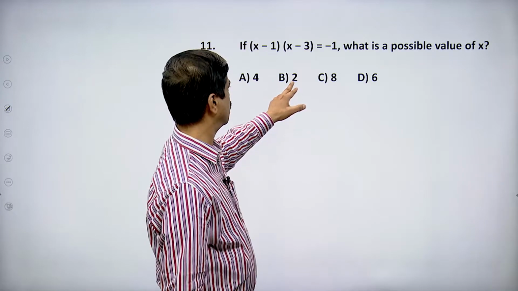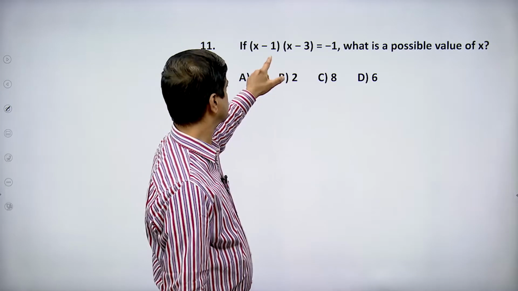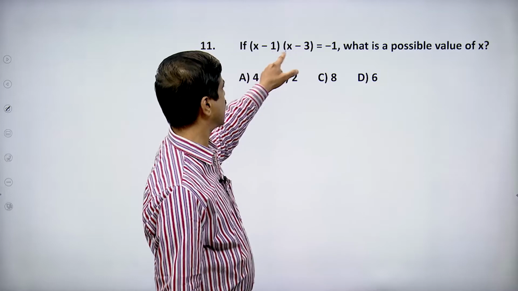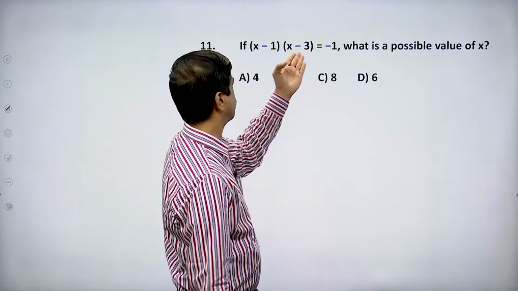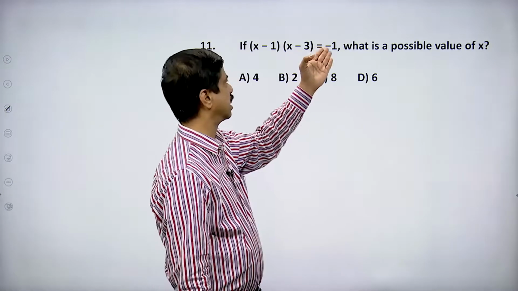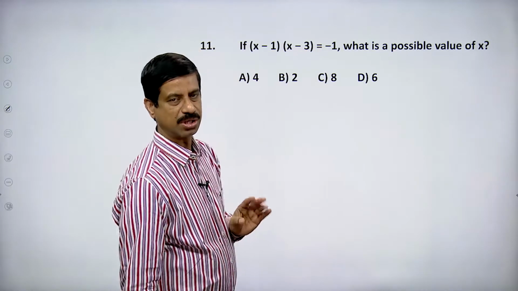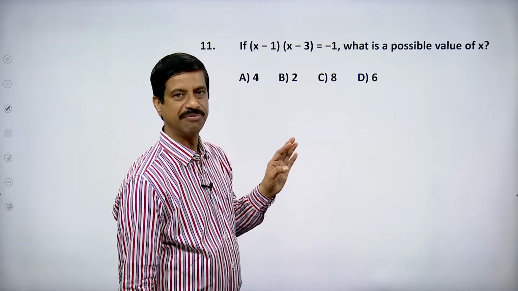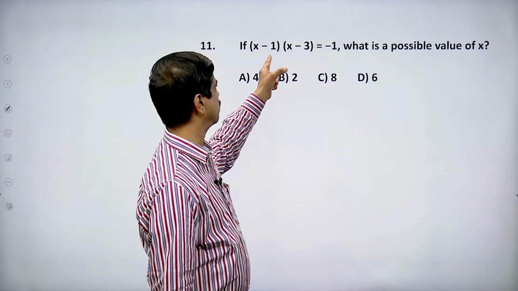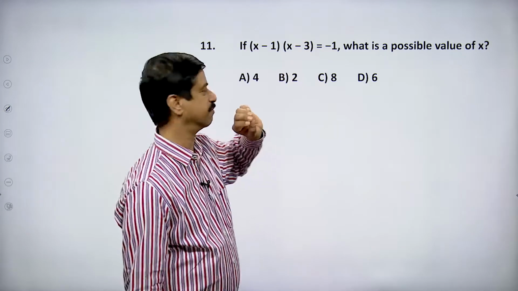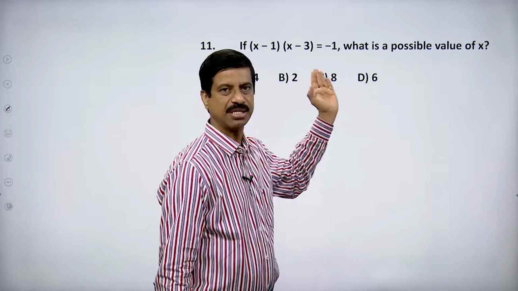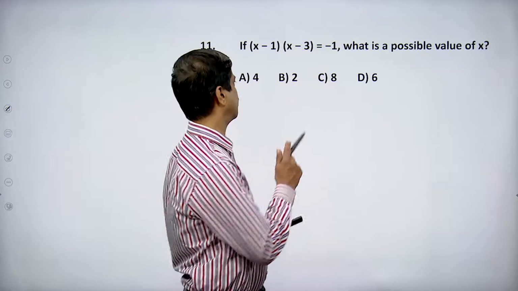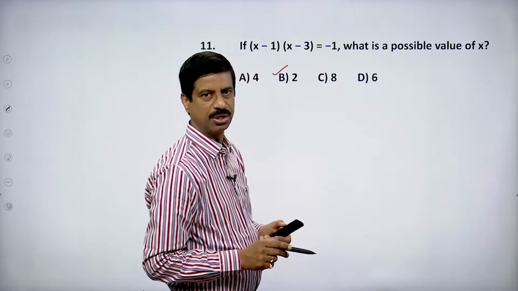Lesser than 3 you have only one option, because we should get one positive and one negative factor. Then only you will get the answer as minus 1. If both are positive or both are negative, you will not get minus as the answer. So very clearly one of these factors should be positive and the other negative. With 4, both are positive, and automatically the other options are also positive. Elimination of options, answer is only 2.